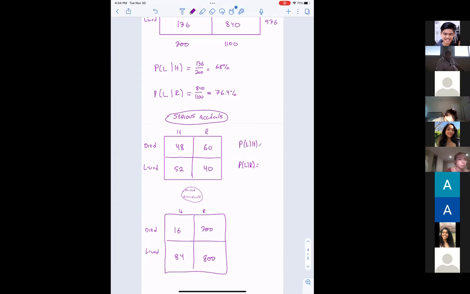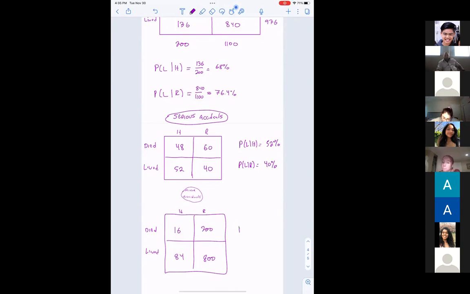Anyone? 52 over 100, that's 52%. And how about live, did they go by road? 40 out of 100, 40%. Oh, look at that. For serious accidents, you have a better chance of survival going by helicopter than you do going by road.